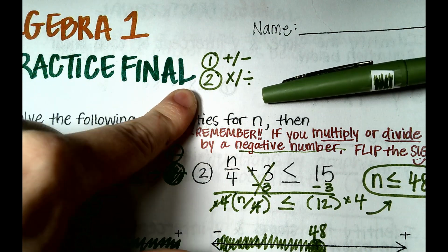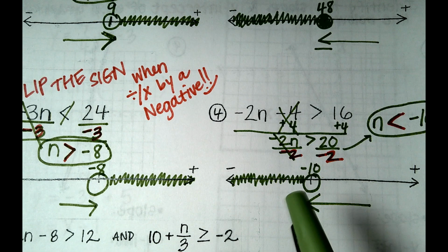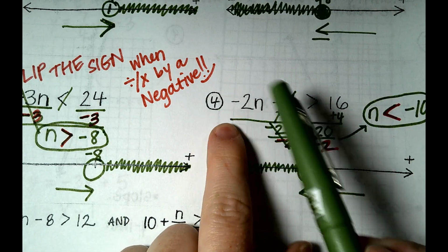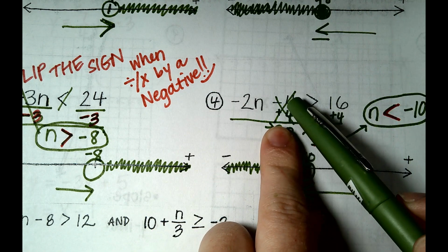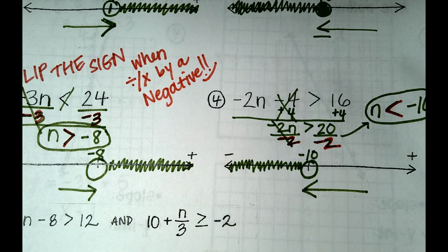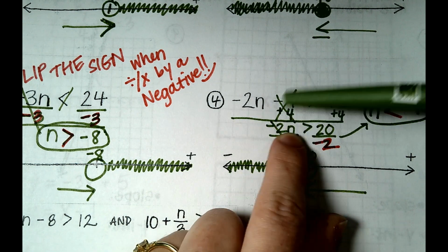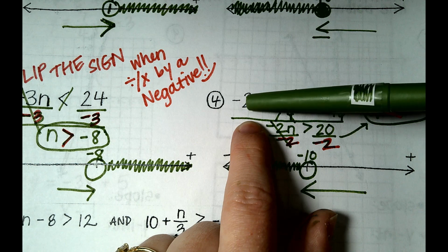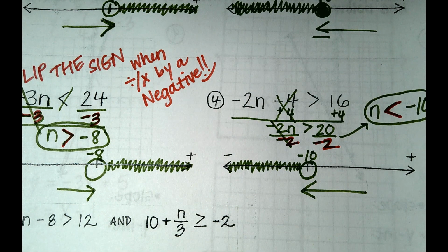Second, we always do multiplication and division. So down here, I have -2 times n, that's multiplication and division, -4, that's the addition and subtraction. So we always want to get rid of any stray numbers before we separate numbers from our variable. Does that make sense? Okay, perfect.